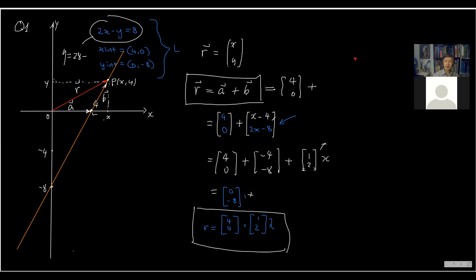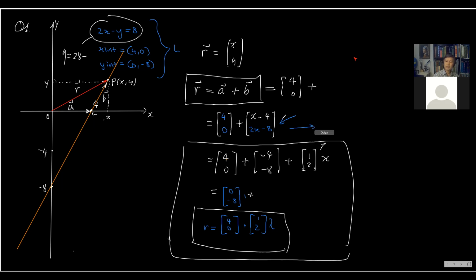x minus 4. How do you simplify? Can you show me how to solve it? The factor, yeah. Because this is just 2x minus 4.